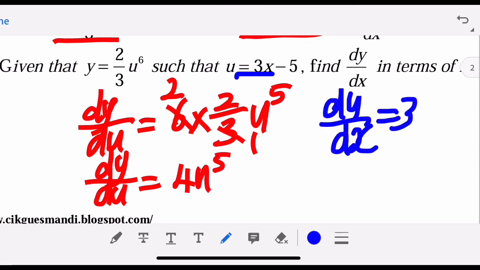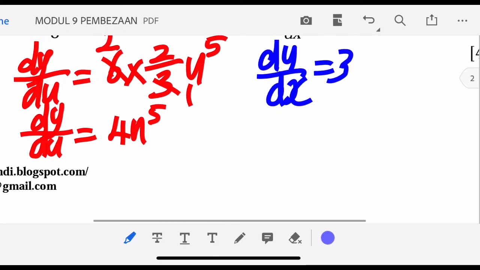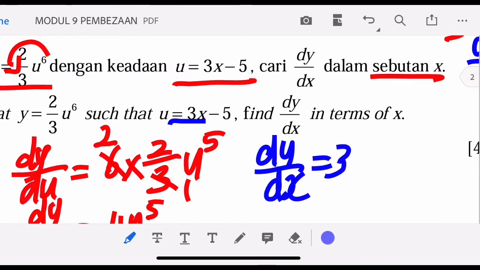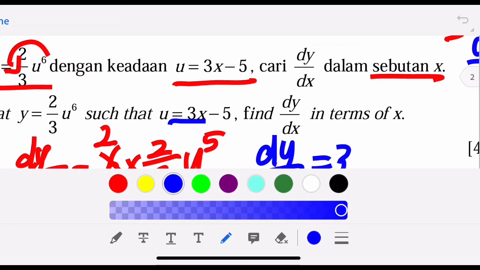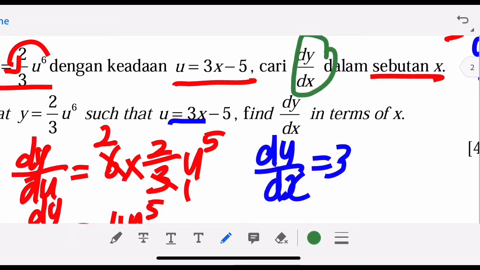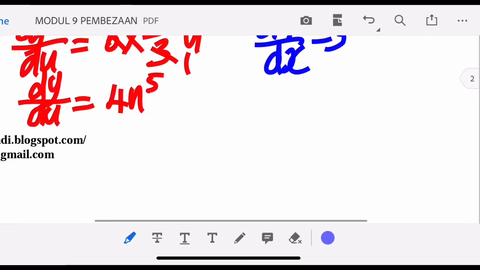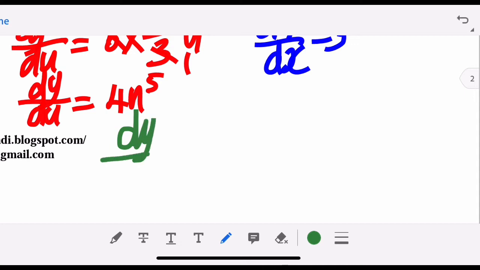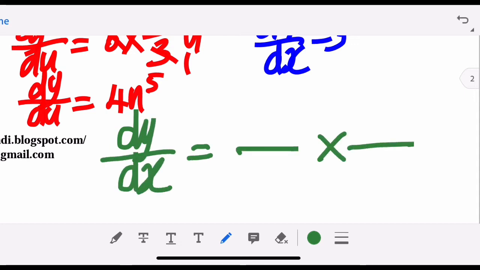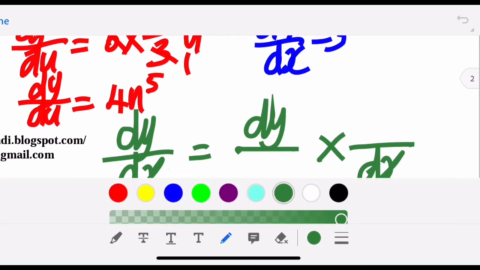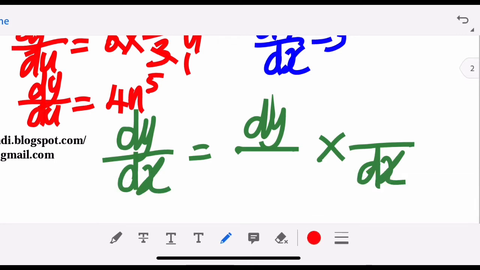Now you have to use the chain rule because the question is asking for dy/dx. It's very simple. I teach you this method. dy/dx is equal to, you write like this, here is dy and here is dx. For the other one, you look at the question, you should know it should be du.